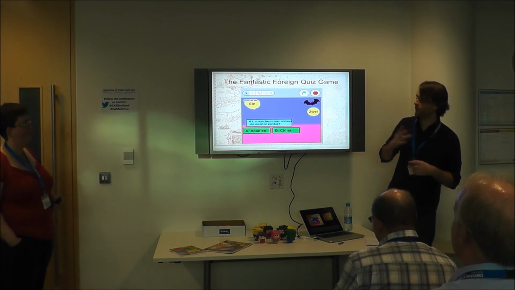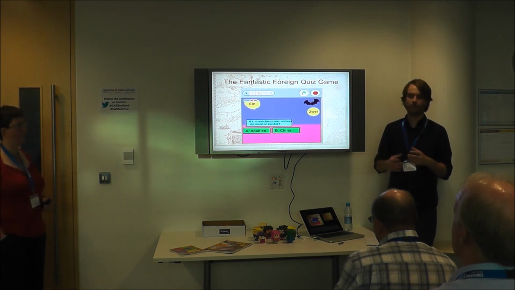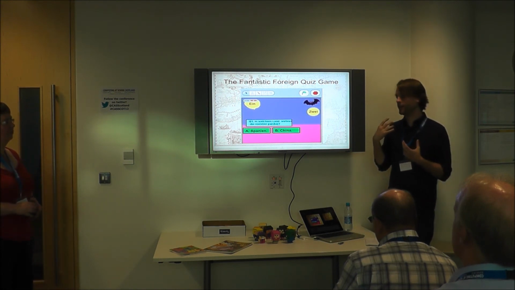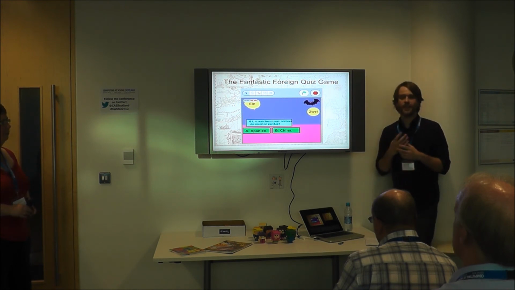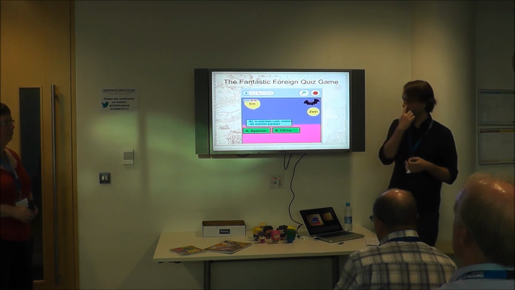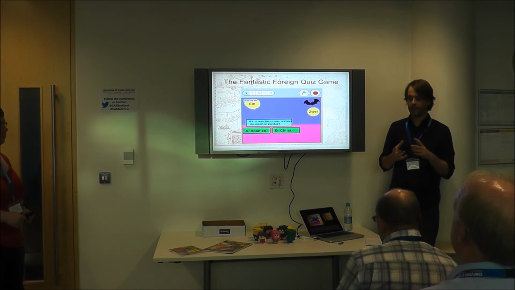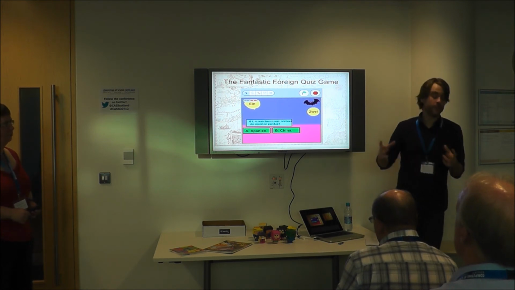This task was differentiated across the different sets in German because of their abilities in German. So the top set wrote the questions, so they came up with the actual questions and the answers. And then the top 2 sets did that.